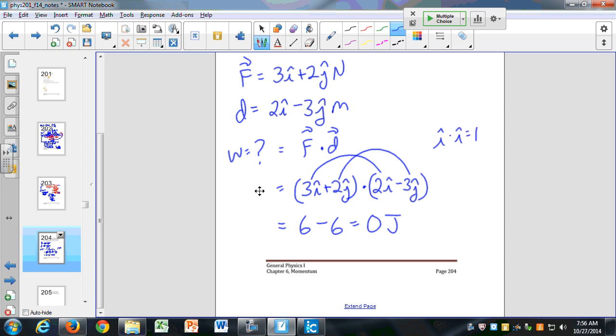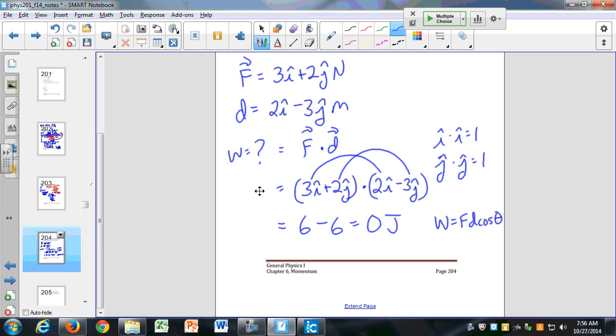The result of a dot product is a scalar value. It's also called a scalar product. J dot J is also equal to 1. If I pull that out and do the full FOIL, first, outer, inner, last, your J dot I terms and your I dot J terms go to 0 because the definition of a dot product, F dot D, is FD cosine theta, and the cosine of 0 is 1, but the cosine of 90 is 0.